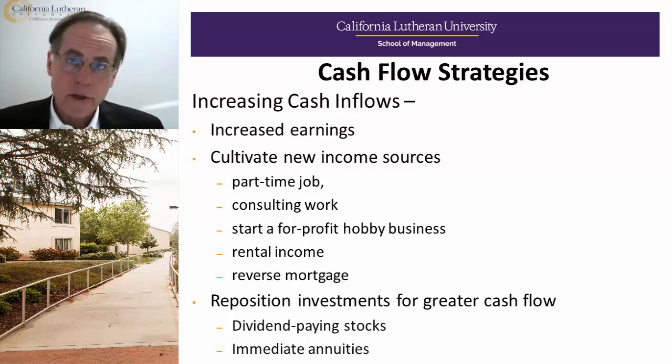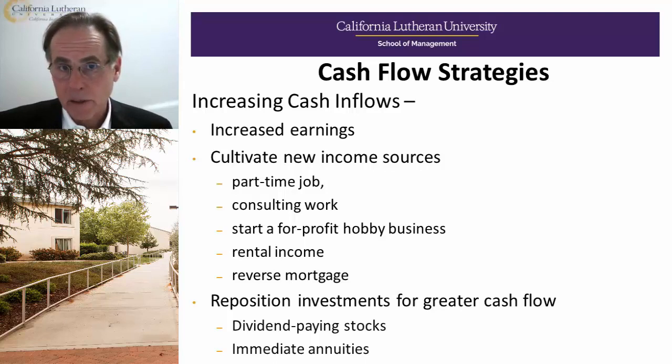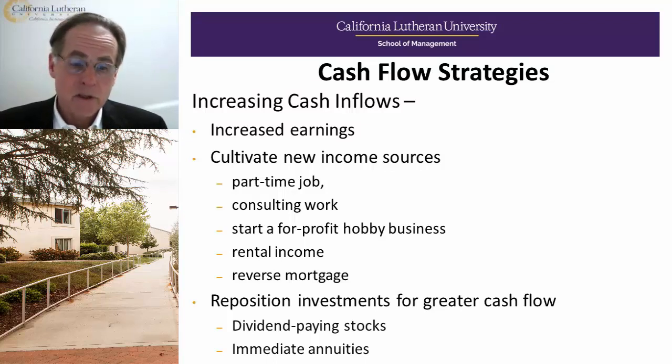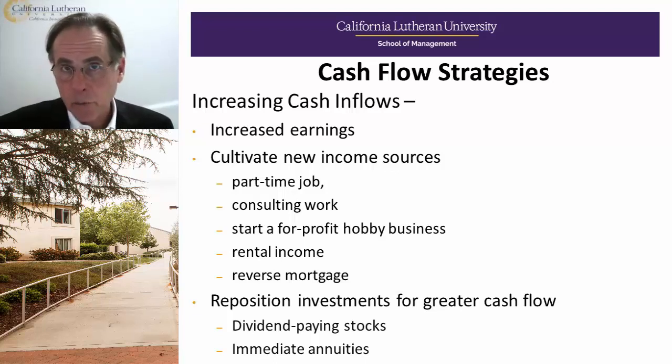It could also involve cultivating new income sources, such as a new part-time job, perhaps developing consulting work, starting a for-profit hobby business, even renting out a room in a house, or perhaps initiating a reverse mortgage. For passive income, could be repositioning investments for greater cash flow, such as moving from growth stocks to dividend income stocks, having an annuity that immediately starts paying out.